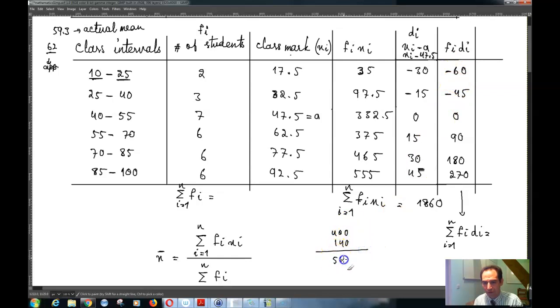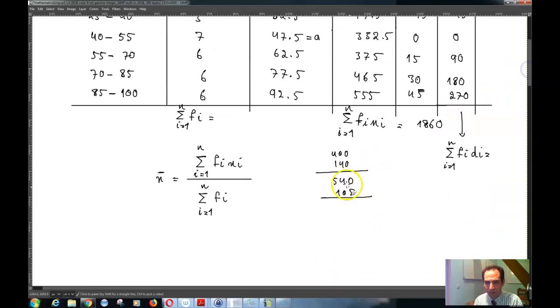So you have 540 minus 105. You would get what? This is 5, this is 3, and 435.